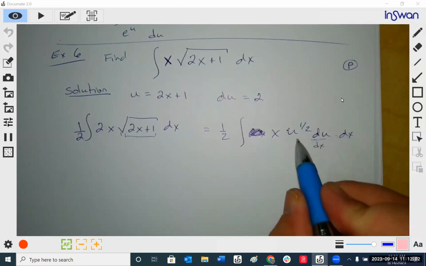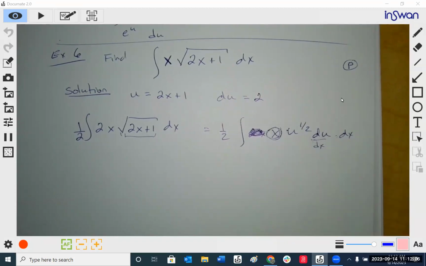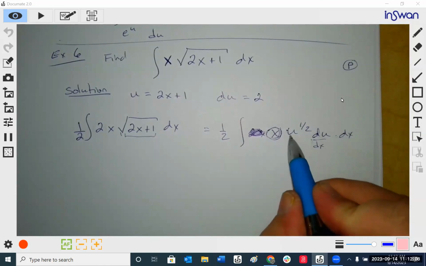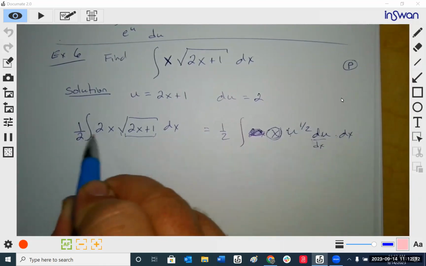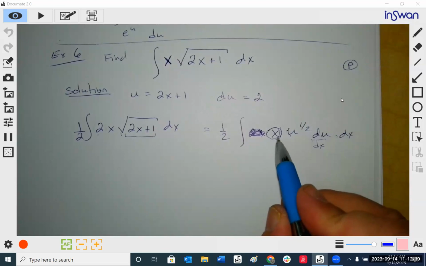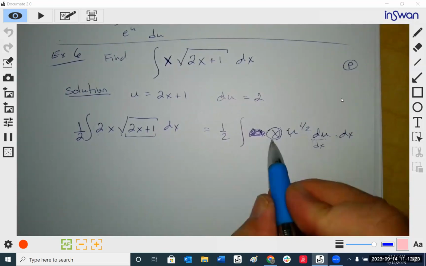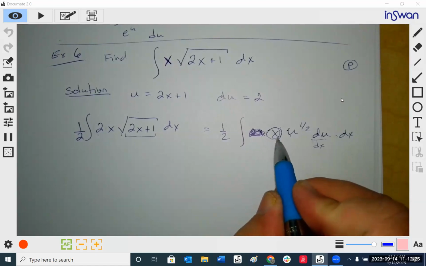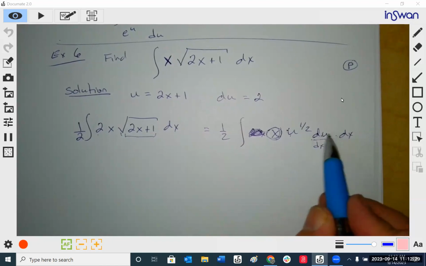But the problem is this guy right here. We found u. We know du is 2. We found that, so we cancel it out in front. But the problem is, what do we do with this guy? We have to look at this equation: everything's with respect to u.